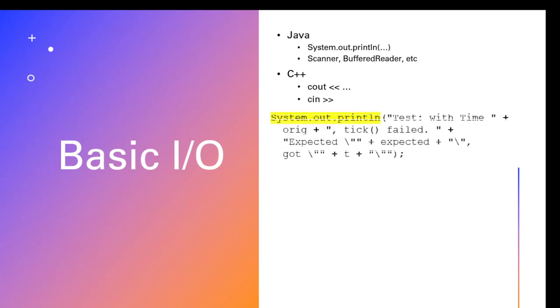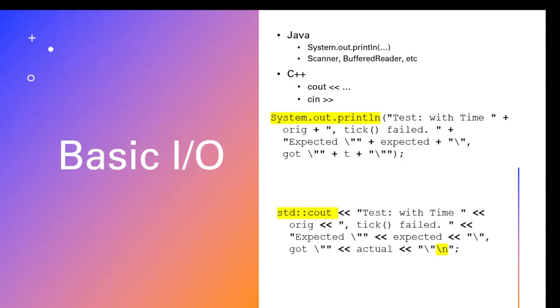So for instance, if I have System.out.println, I can go through and concatenate all sorts of data structures together. The plus operator is overloaded like crazy in Java. That'll take strings, add them to numbers, add them to booleans, add them to objects using the toString. The equivalent in C++ is your cout, where the operator, the arrow, let's see, what's that?